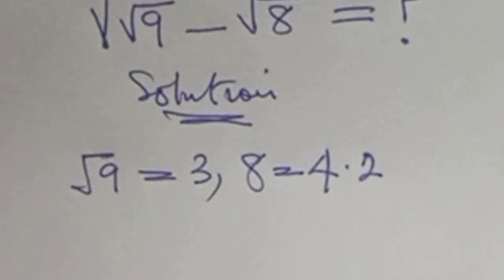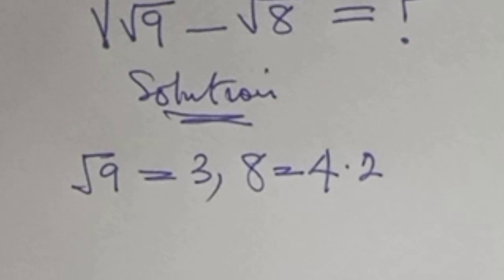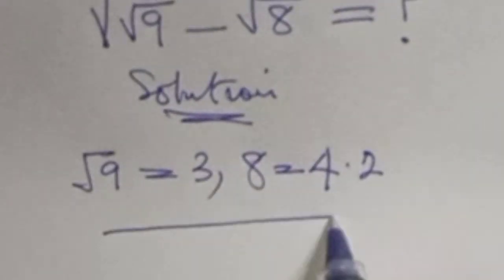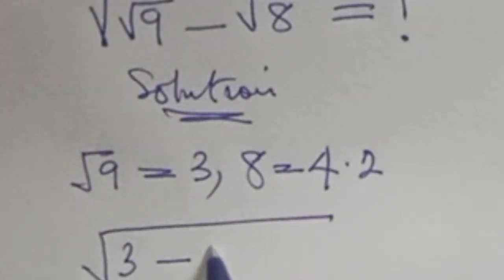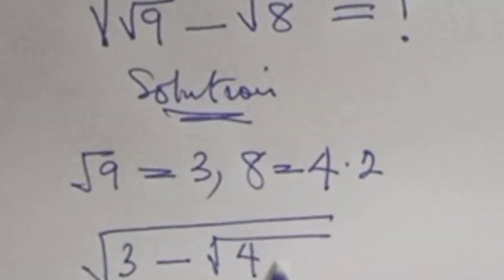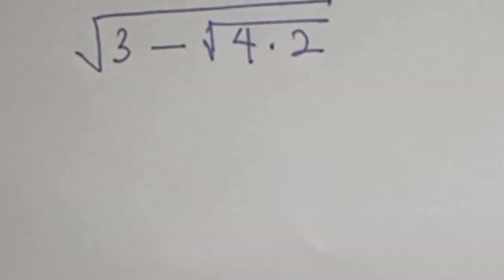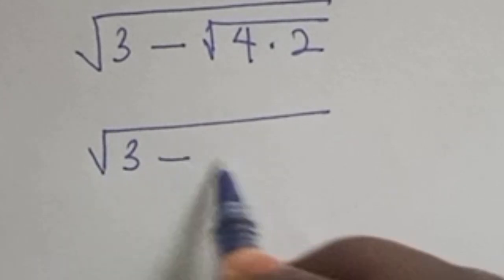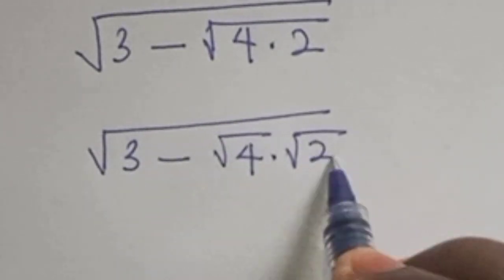So in place of 9, we're writing 3, and square root of 8 as square root of 4 times 2: square root of 3 minus square root of 4 times 2. Again here, this will become square root of 3 minus square root of 4 times square root of 2.